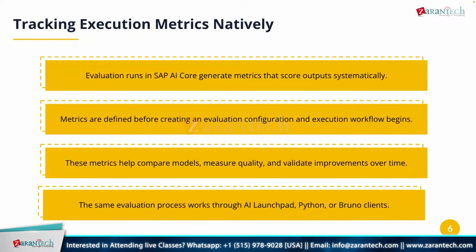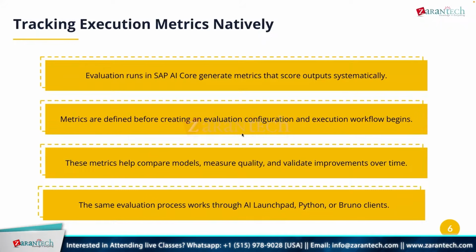So what are execution metrics? They're automatically captured data points, like status, duration, resource usage, logs, anything. These are captured natively by AI Core, and they are visualized in the Launchpad as well. Okay.